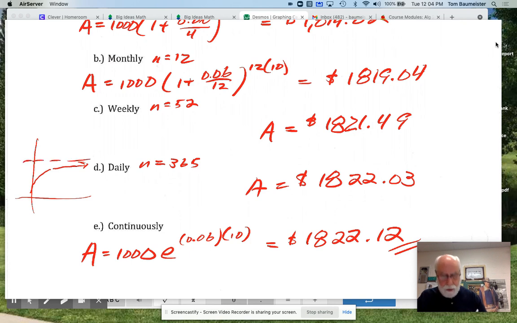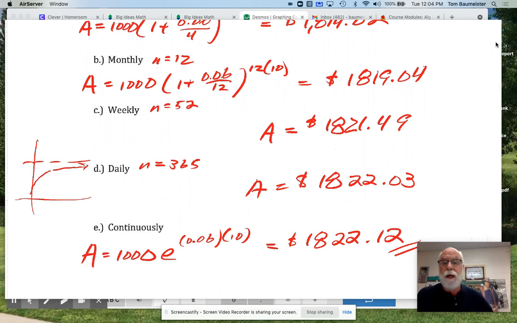They're not just going to let this person make all this money. So even when they say compounded continuously, you can see it's going to reach a flattening point, which in this case was $1,822.12. All right, so that was a good little lesson.